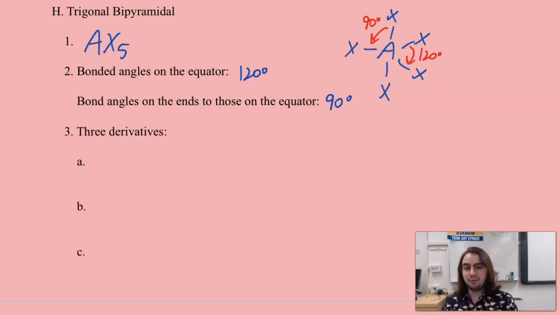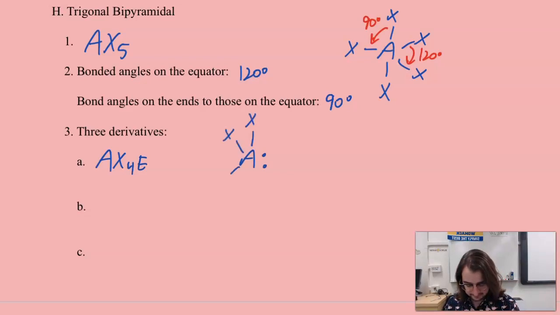You can imagine the more we have on the center atom, oftentimes the more electron configurations or derivatives, molecular geometries we can have. This time we have AX4E. AX4E looks like this. We take one of those X's and we replace it. And this gives us a shape called seesaw, you know, like at a playground.